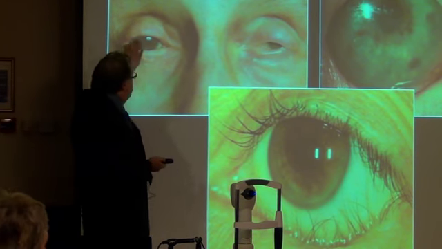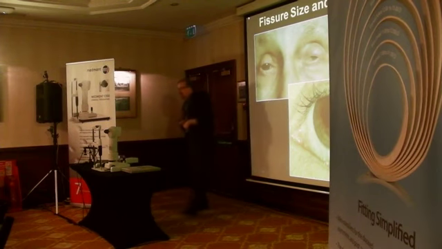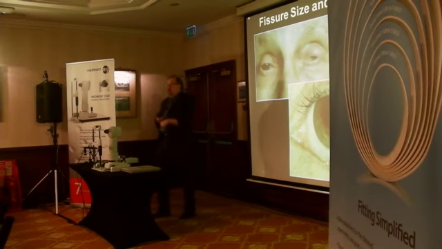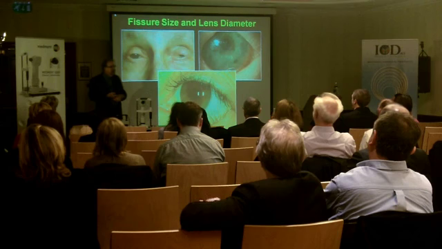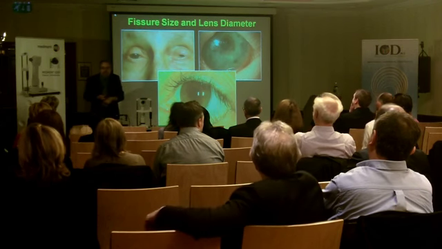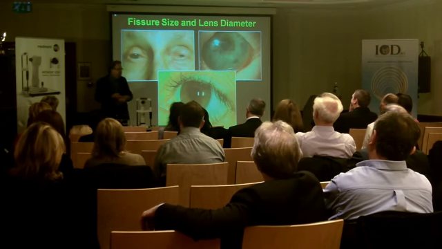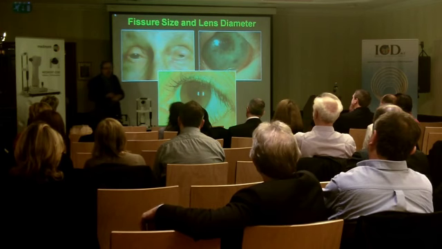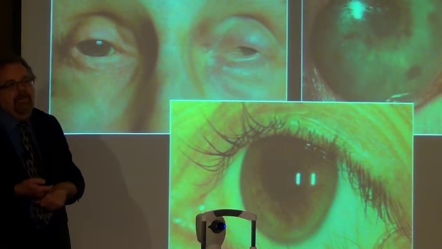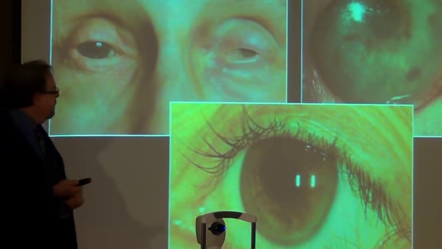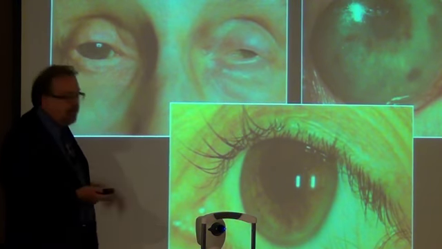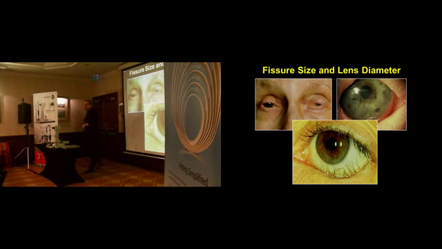Here we obviously have a patient with Stevens-Johnson syndrome, and with those individuals there's enough symblepharon formation, a loss of the fornices, whereby they cannot accommodate a 16, 18 millimeter lens. In these individuals, you're going to need a smaller lens diameter.